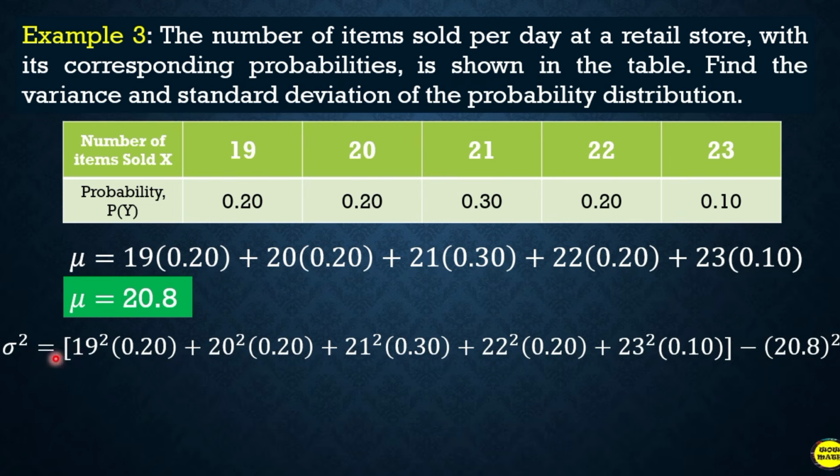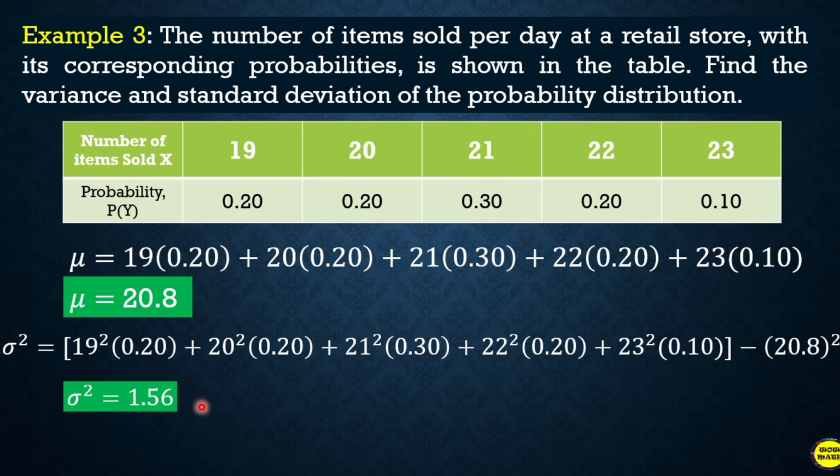So, ito muna unahin natin. Kunin nyo muna lahat yan. So, compute nyo muna to. Simula dito hanggang dito. Get the summation. So, the answer is 1.56. So, after natin makuha ito, minus the squared ng mean natin, the variance is 1.56. So, pwede nyo i-check using your calculator. Okay?